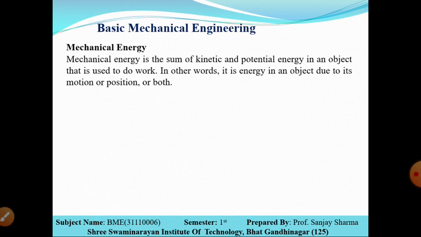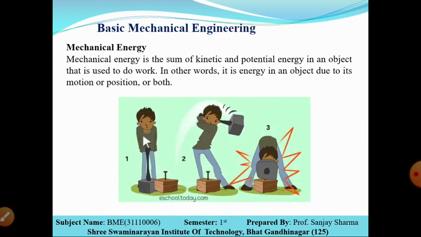For example, what is mechanical energy? Mechanical energy is a sum of kinetic and potential energy in an object that is used to do work, due to its motion or position, or both. For example, when a physical work is done, when a force is applied, in the diagram you can see a person lifting a hammer and trying to impact this nail.